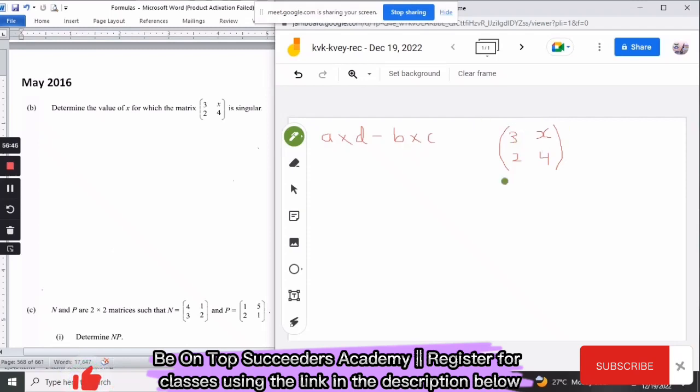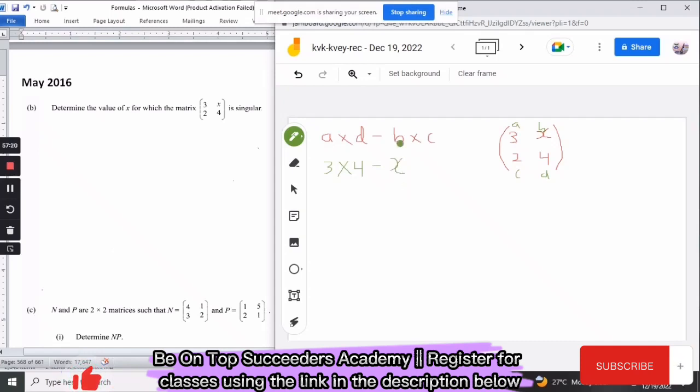So the number 3 is in the position of A in this matrix. x is in the position of B, 2 is in the position of C, and 4 is in the position of D. So we would have 3 multiplied by 4 minus x multiplied by 2.